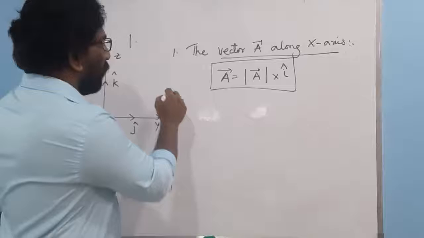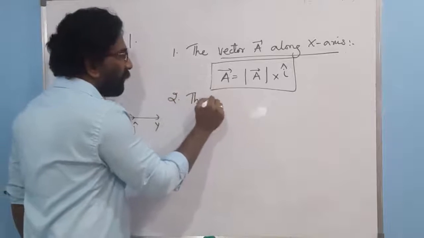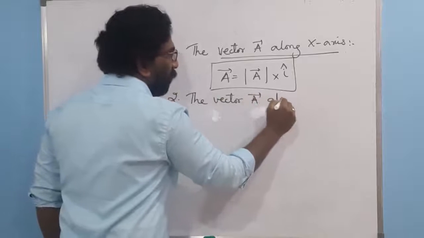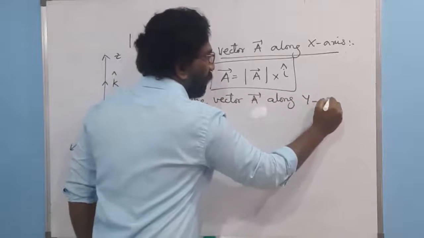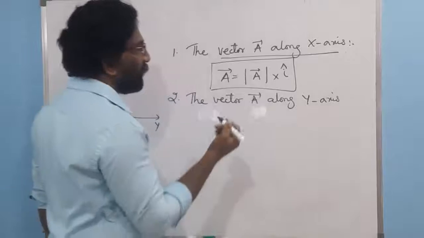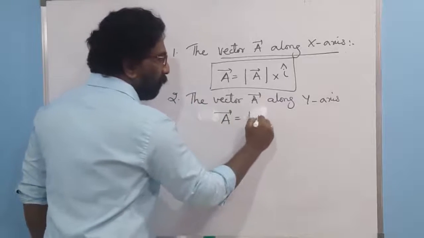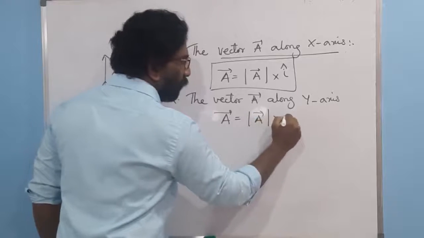In a similar way, if I need to write the vector A along the y-axis, how do I define it? Vector A equals mod A into j cap.